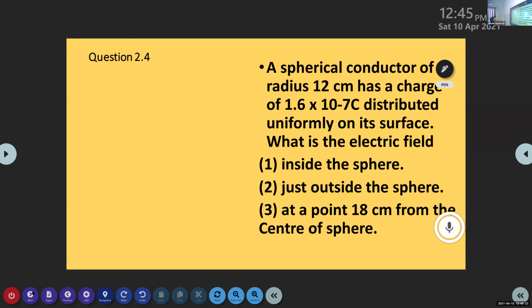2.4. A spherical conductor of radius 12 centimeter has a charge of 1.6 into 10 raised to minus 7 coulomb distributed uniformly on its surface. What is the electric field? Three sub-questions are there. What is the electric field inside the sphere, just outside the sphere, and at a point 18 centimeter from the center of the sphere? So here we need to consider a spherical conductor.